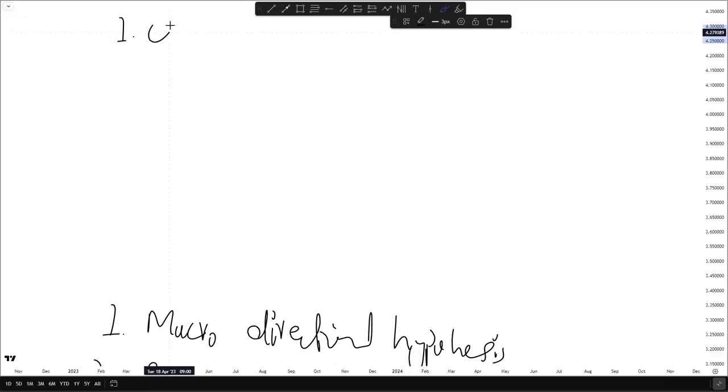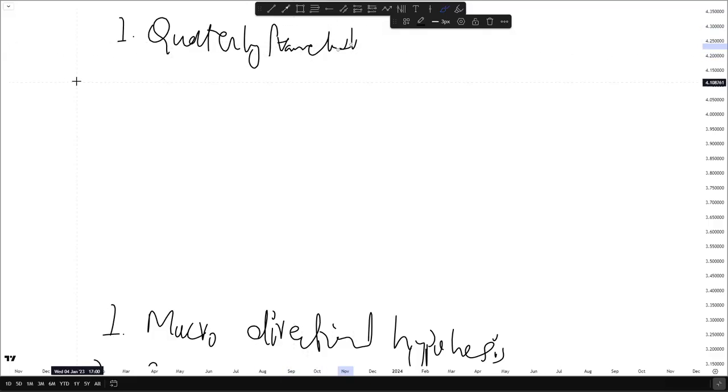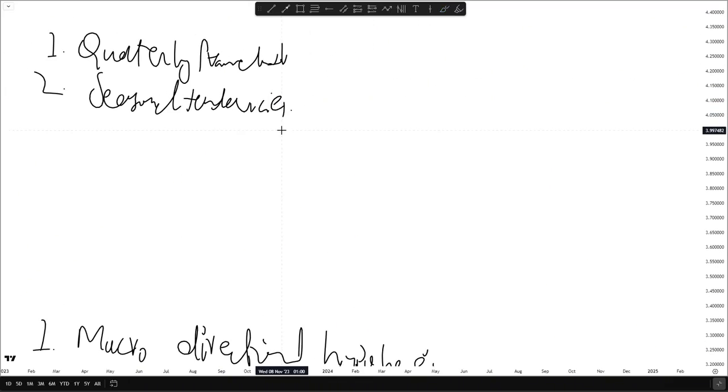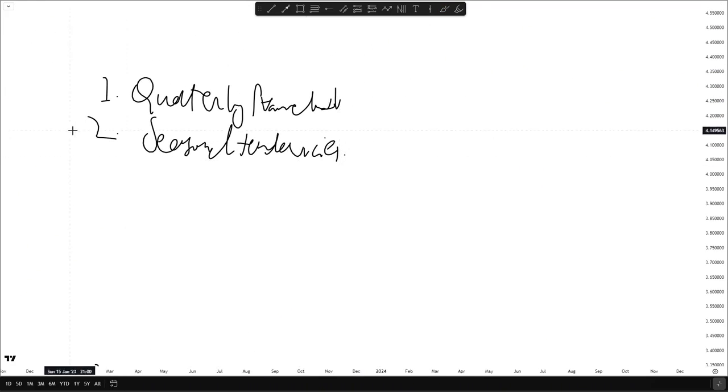Number one, quarterly framework, and number two, seasonal tendencies. So what we do first of all is we look at the seasonal chart for our respective asset.